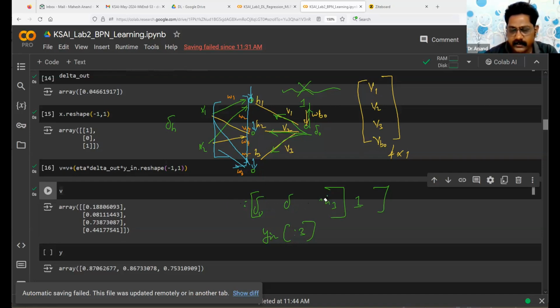V1, V2, V3. So delta naught scaled by V1, delta naught scaled by V2, delta naught scaled by V3. Since we put V of colon 3, we are not propagating in this direction. So these three components, I'm going to call this the backpropagated component.